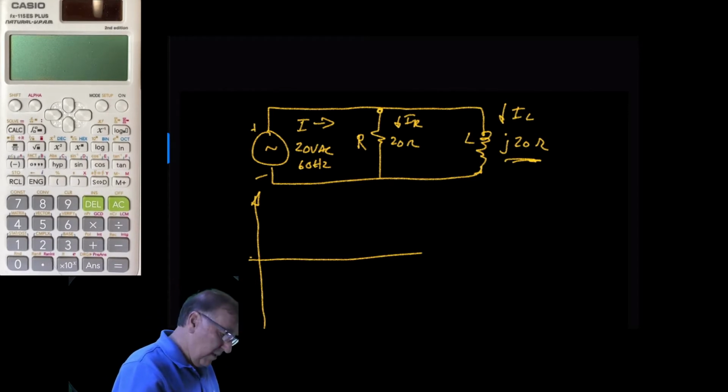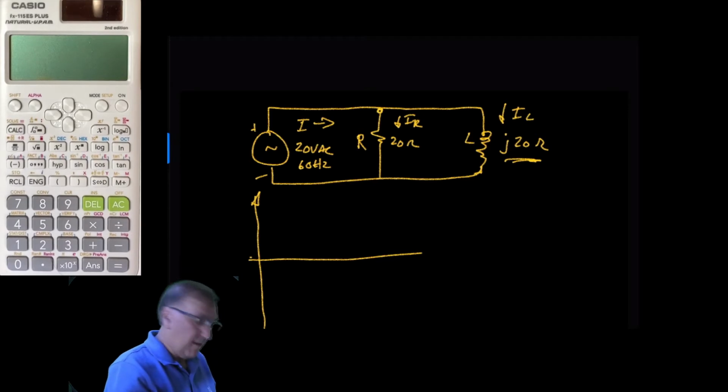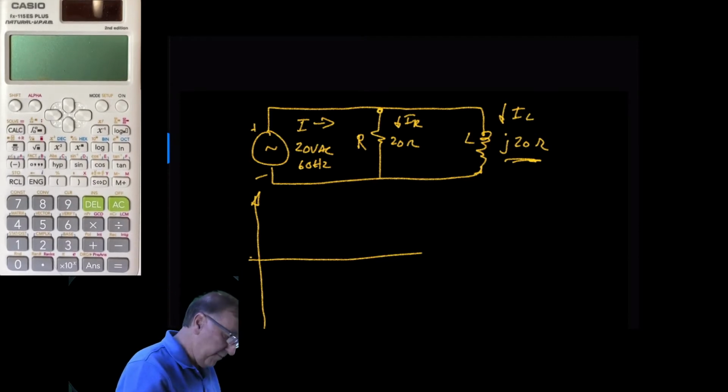So we can use, again, parallel items. Now this is an impedance. It looks just like a resistance. So we can write the same equation: 1 over Z total equals 1 over 20, which is the resistor value, plus 1 over J20.